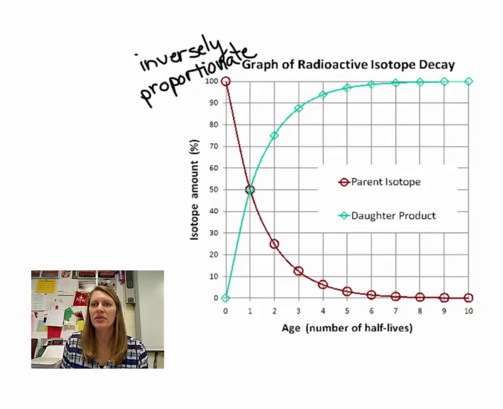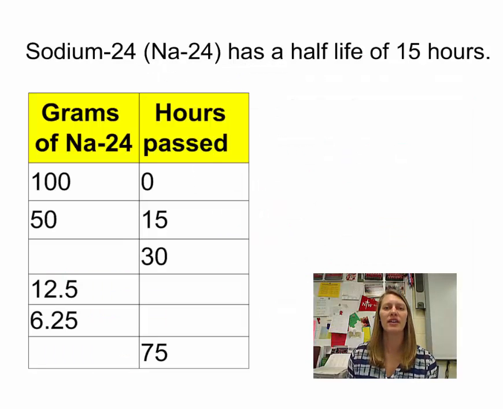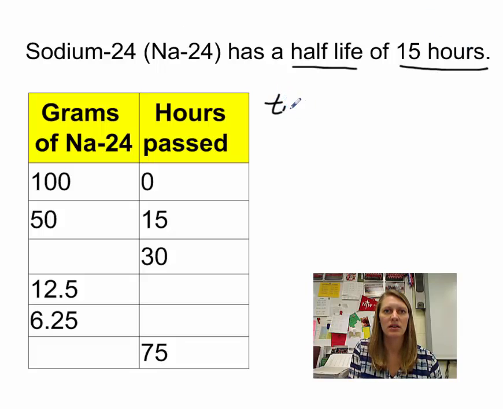Okay? So as we look at these half-lives, let's plug in some numbers to see what that looks like. Here would be a data table showing the grams of sodium-24 and the hours that would have passed. Now you can see up here that the half-life of sodium-24 is 15 hours. So I'm going to say half-life, that's how we denote that.